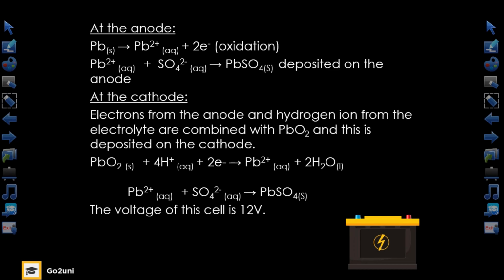The electrons flow through the system and can be used for starting up the engine of the car, and also for lighting the headlamp of the car, and for other electrical devices.